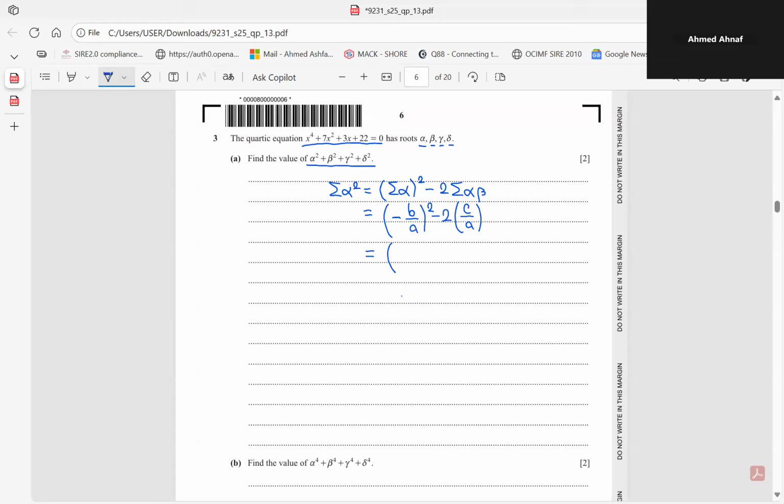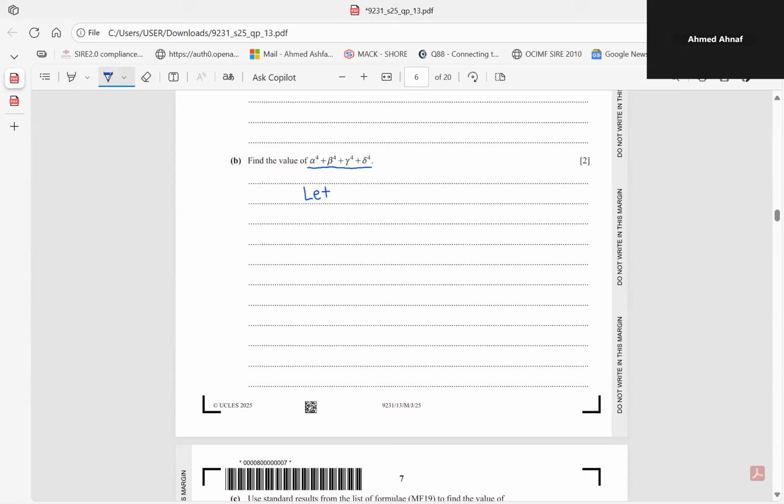Okay, so to do this part, we're gonna have to find the value of alpha to the power 4 plus beta to the power 4 plus gamma to the power 4 plus sigma to the power 4. So basically the sum of the roots to the power 4. Okay, so first of all, we're gonna have to define a notation.